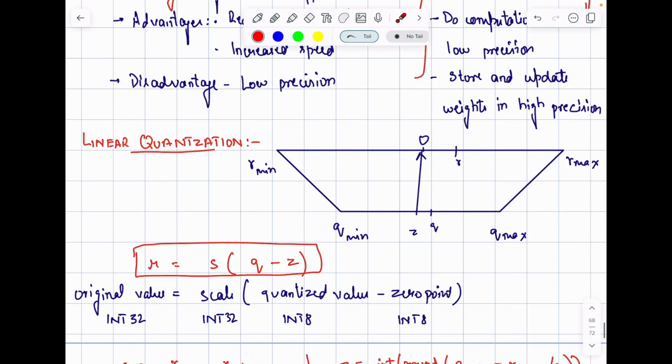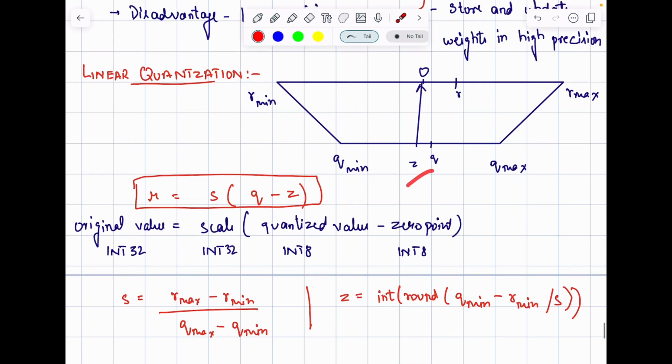Okay, so essentially what you are doing is asking where Rmin lands in the quantized range. You subtract Rmin by S from Qmin, and you get the value of Z.